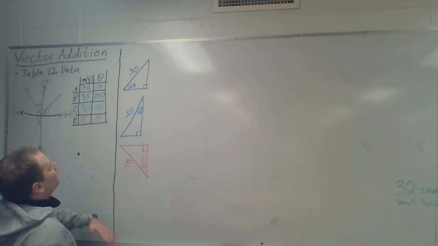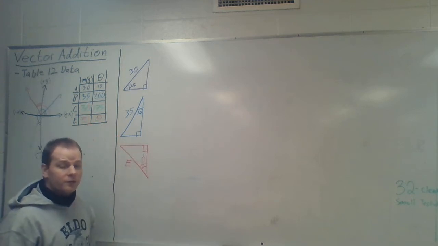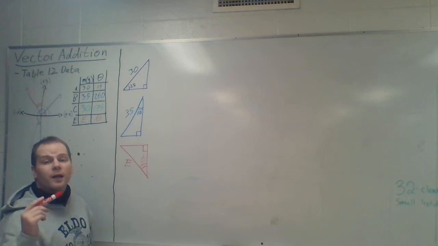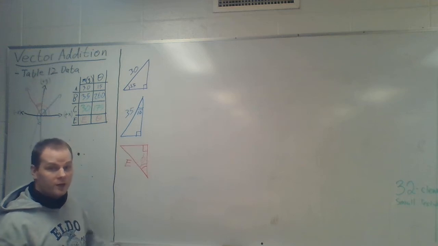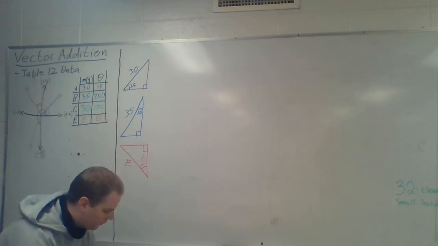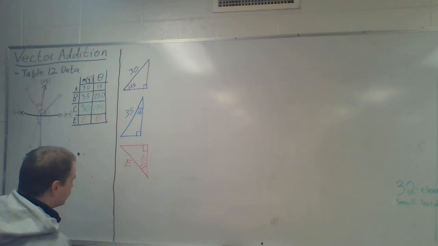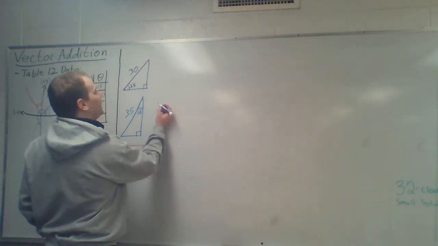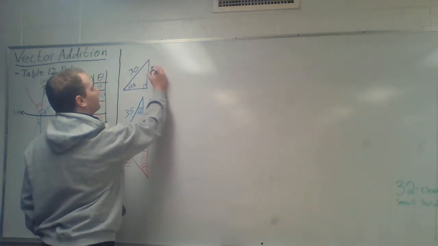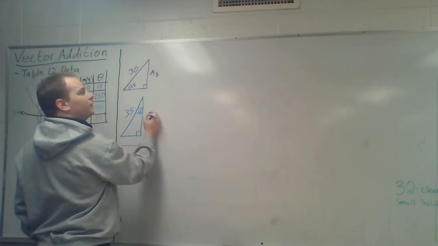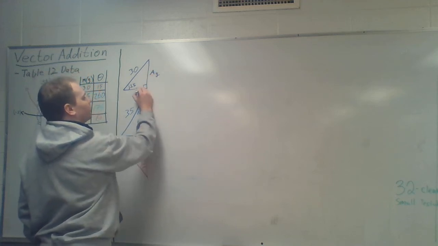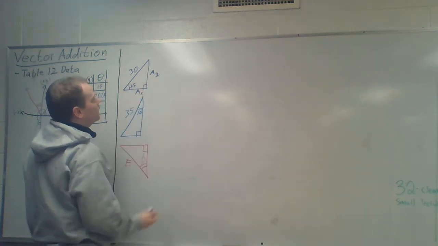Now I have 3 vector triangles, so I can determine my x and y components, just like we did in Unit 3. So the vertical line is going to be the y component, so this will be vector a, y, and the horizontal will be vector a, x.